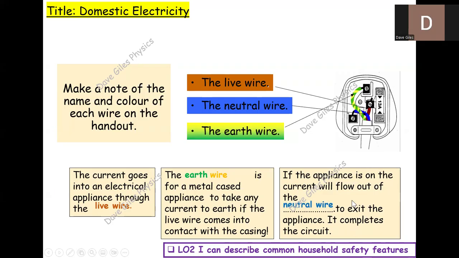It completes the circuit. So normally, day to day, the earth wire isn't needed. Oh, sorry, it is needed, but it's not used. It's only if there's a problem with something which has got a metal casing, then it's there as a protection device to stop the current from flowing.